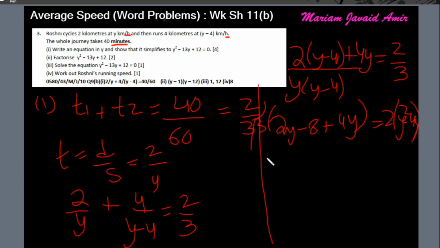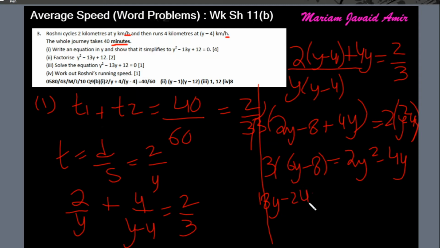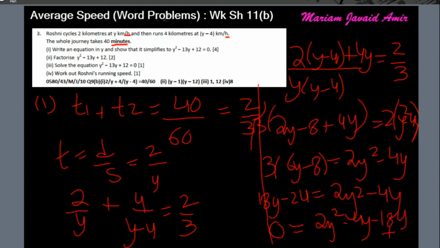So this becomes 6y minus 8 equals 2y squared minus 4y, which becomes 18y minus 24 equals 2y squared minus 4y. Writing 0 on one side, bringing everything else to the left, we get 2y squared minus 22y plus 24.